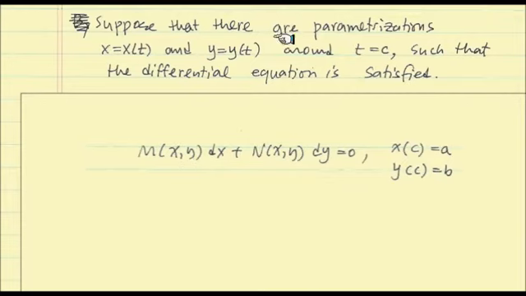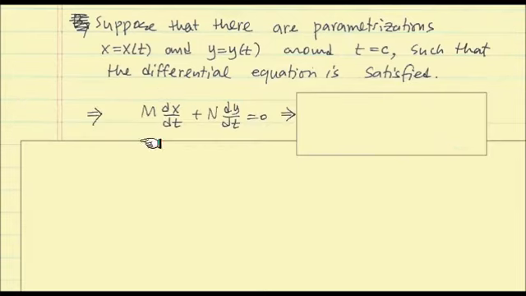So suppose there is a parameterization x and y such that this differential equation, in terms of x prime t and y prime t, is satisfied. So we assume there is this function x(t) and y(t), which is rewritten here.